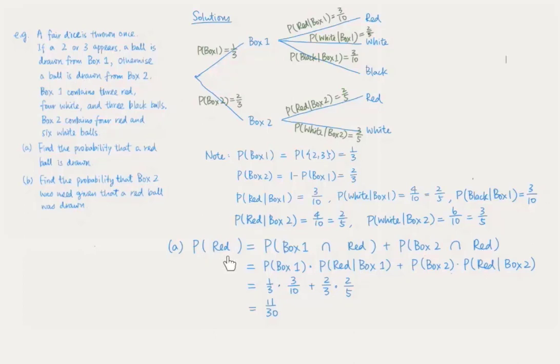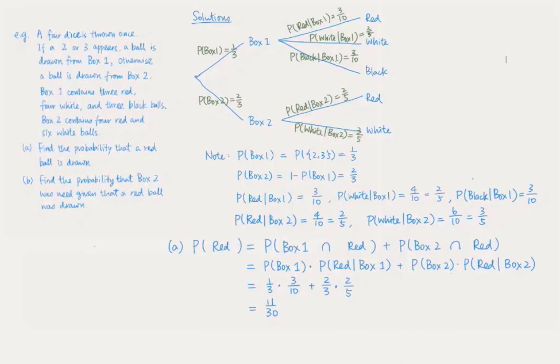Therefore, this probability is equal to the sum of the probability of the event that is the intersection of box 1 and red plus the probability of the event which is the intersection of box 2 and red ball is chosen.